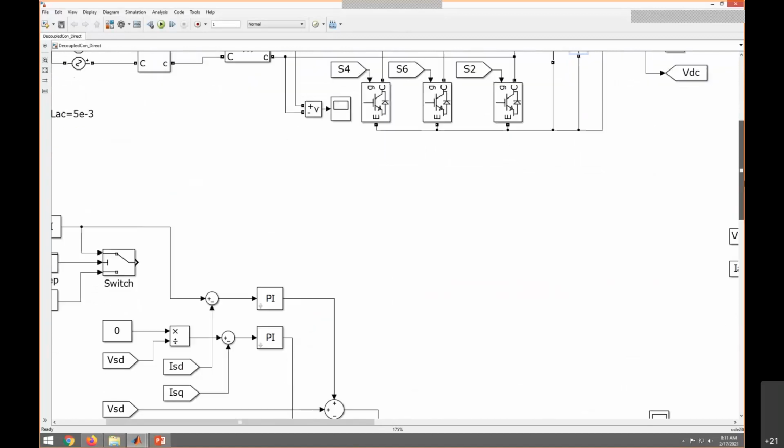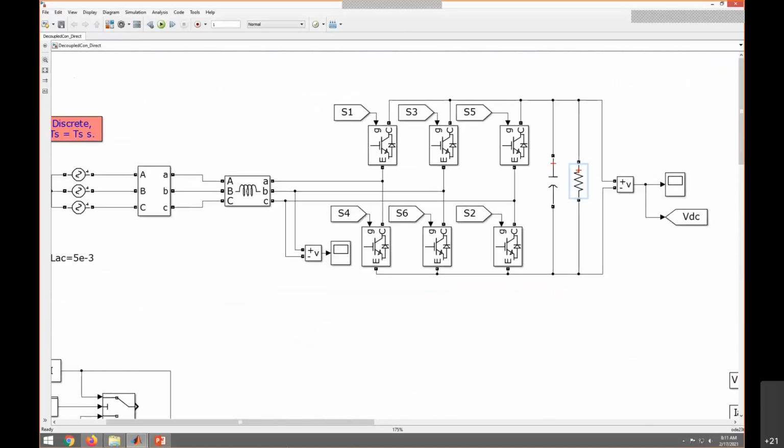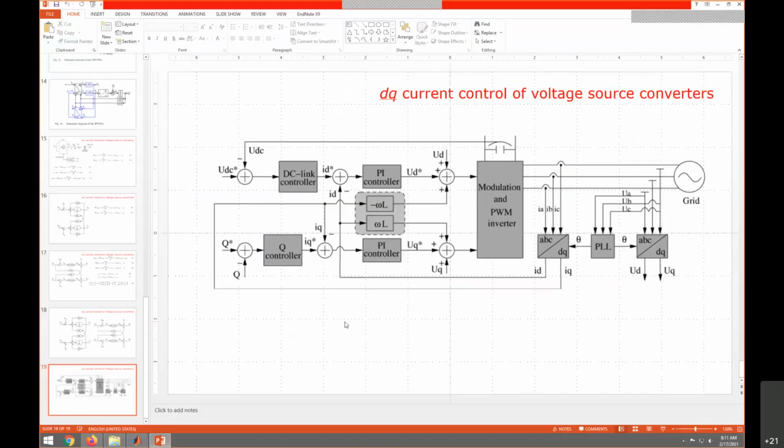First and foremost, as we already discussed, we need to sense the grid voltages and grid currents and transform them into the alpha beta DQ reference frame.